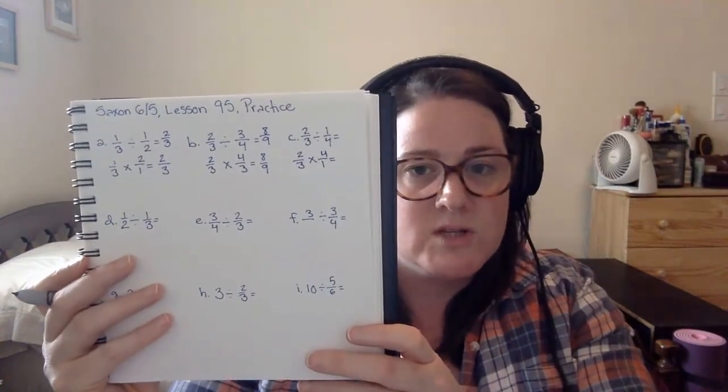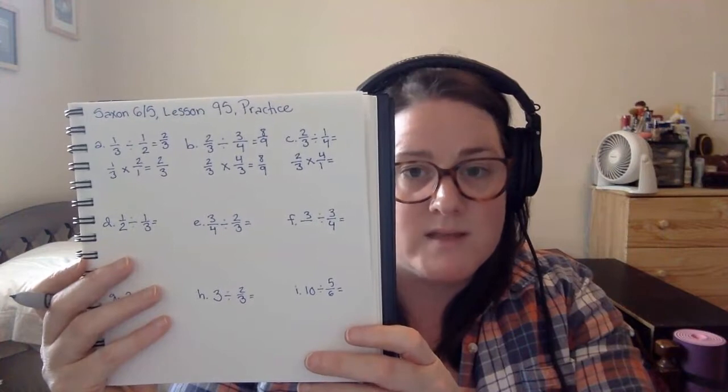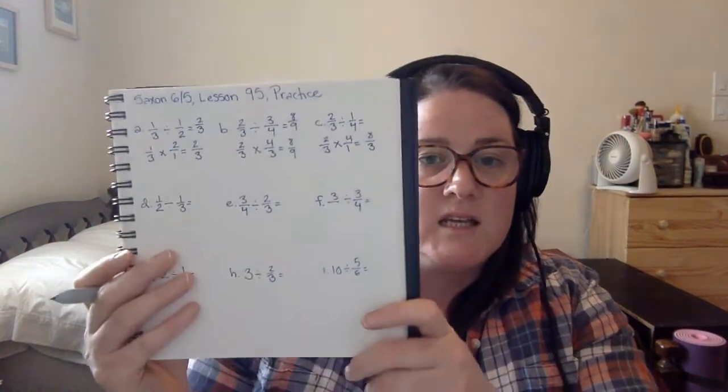My new equation is 2/3 times 4/1. 2 times 4 is 8. 3 times 1 is 3. So I get the fraction 8/3. I want to simplify this into a mixed number with a proper fraction. And so what I get is 2 and 2/3.